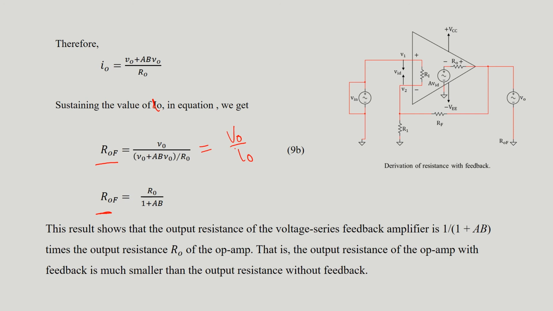This result shows that the output resistance of a voltage series feedback amplifier is 1 over 1 plus AB times the output resistance RO of the op amp without feedback. That is, the output resistance of the op amp with feedback is much smaller than the output resistance without feedback, and this is the requirement.